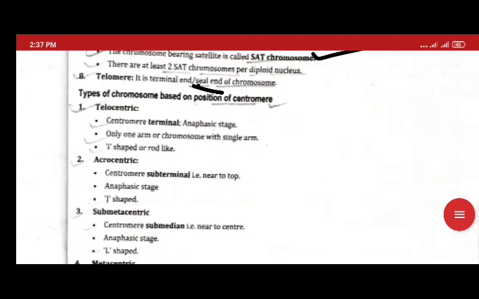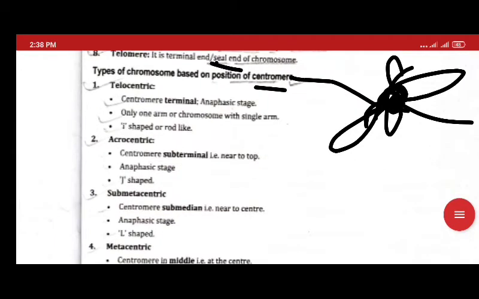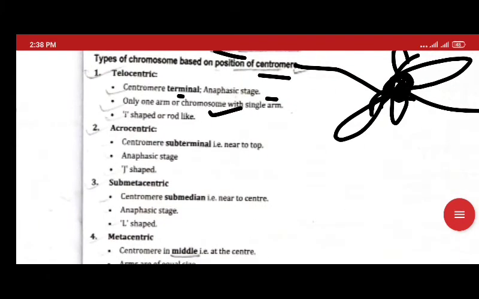Now types of chromosomes on the basis of centromere. So this is a chromosome, and here in between is the centromere. Telocentric has a terminal centromere. This is seen in anaphase, and it is rod or T-shaped.